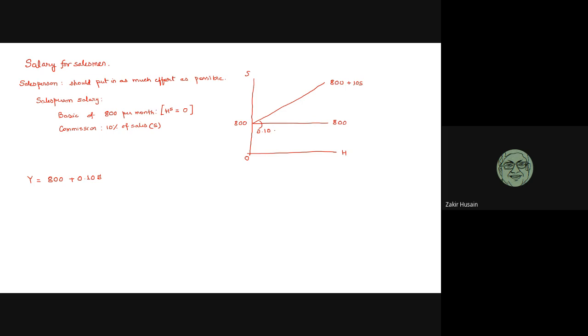Now let us add a third dimension. You have different types of people. Some people can really put in effort and make extra sales, so you have to reward those persons. One way of doing this is to give them a bonus.